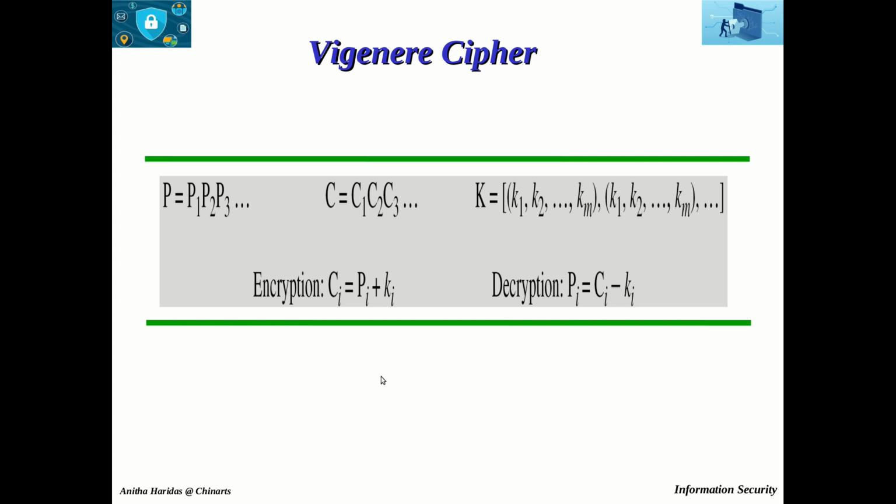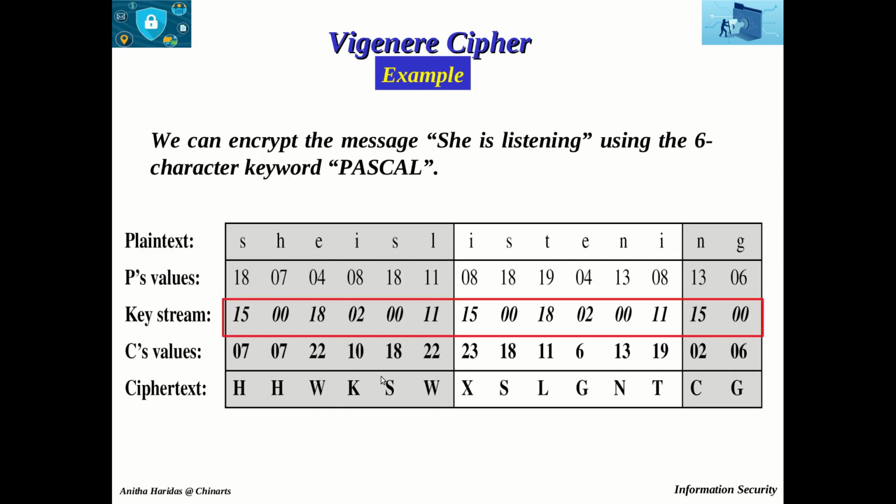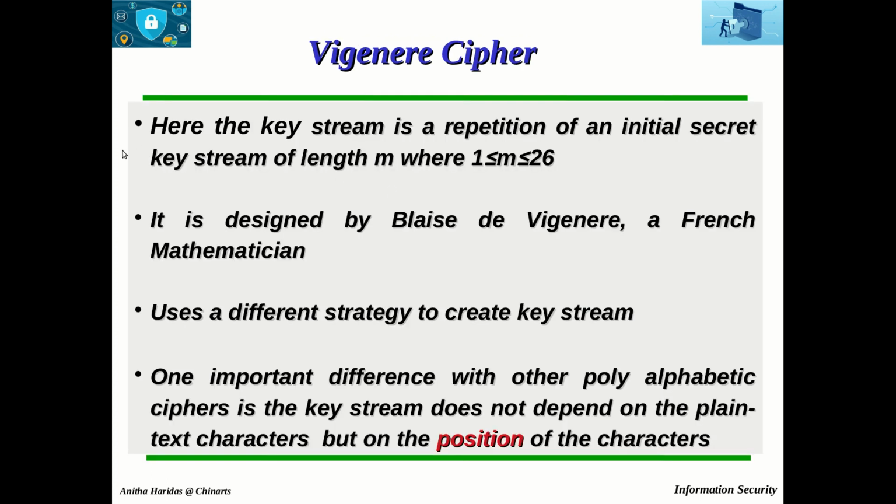Now, let us see an example. We want to encrypt the message, she is listening, and the keyword that we are going to use is Pascal. So, here we are going to have the value m as 6. So, 6 is the length of the key stream.